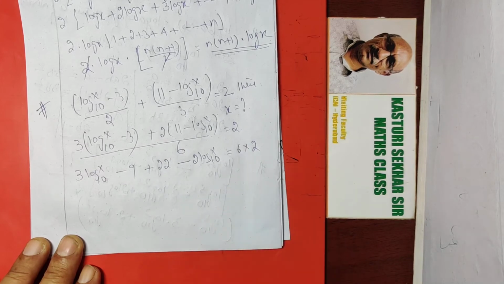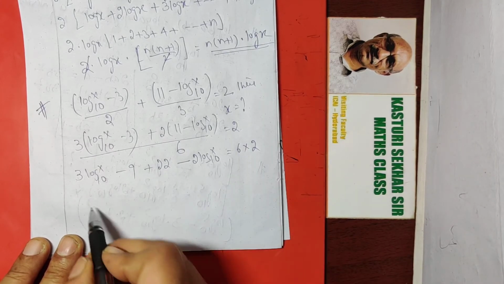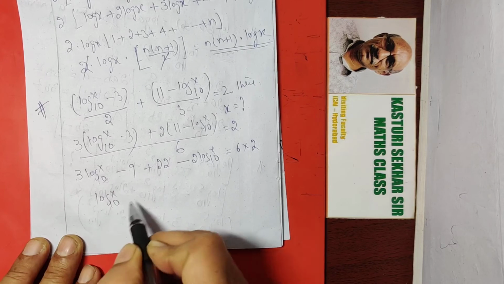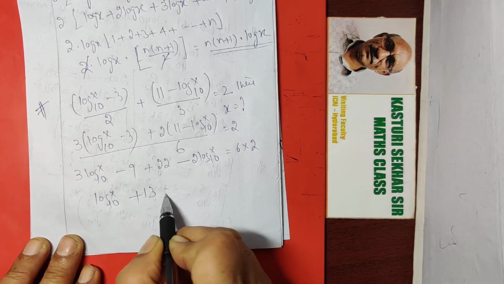Taking this 6 to the other side. 3 log x minus 2 log x means log x to the base 10 plus 13 is equal to 12.